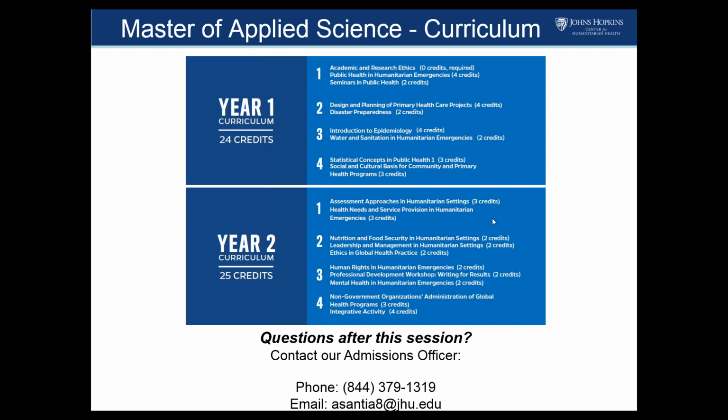So that is a per credit cost, and you pay for the number of credits you're taking as you take the course. The scholarship is available to all students who are admitted; there is not a separate application.